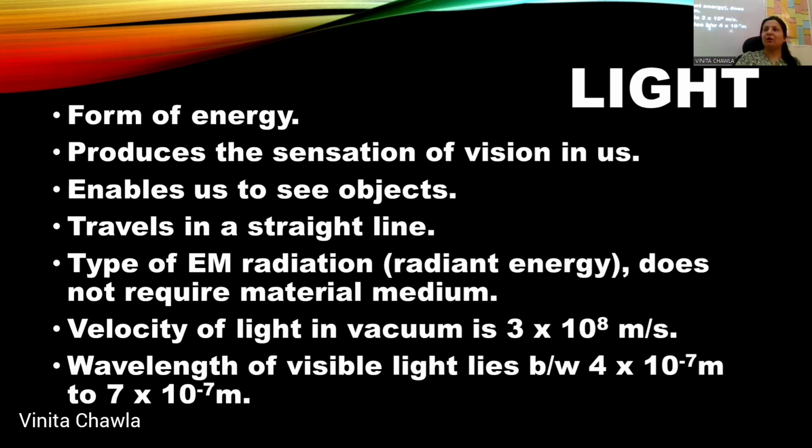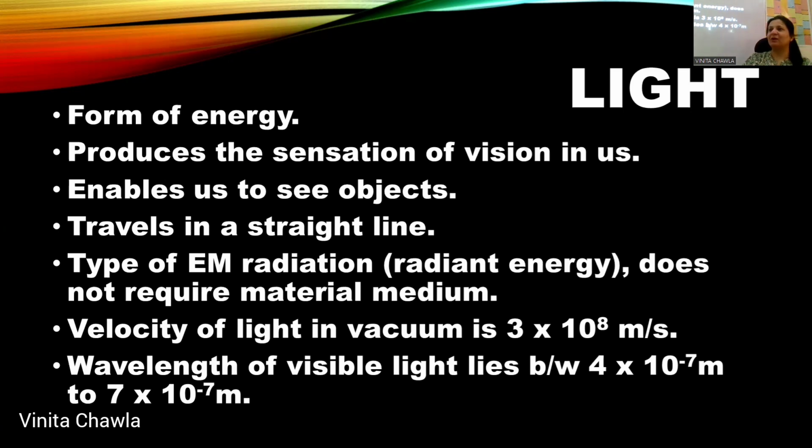So have you read about ultraviolet rays and infrared rays in your previous classes? What have you read? That the rays can't be seen by naked eyes. Okay. And ultraviolet rays and ozone layer, is there any relation between these two?